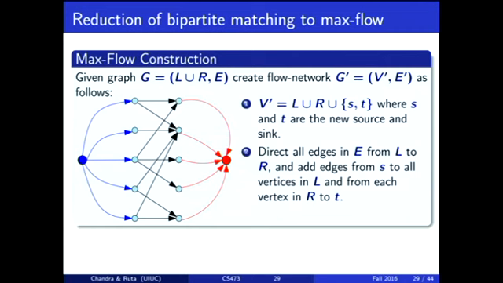So, let's do the two directions. If there is a matching of size K in the original graph G, I want to claim that there is a flow of value at least K in this G prime. How do you do that?